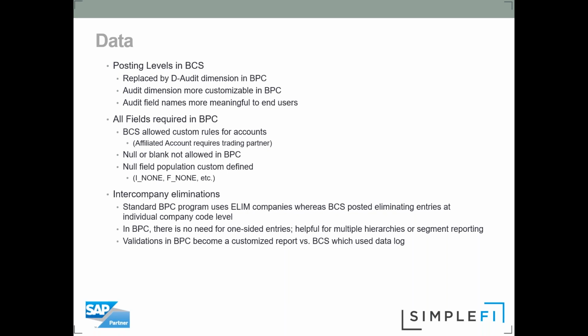So you can create anything that you want. You can have your elim, you can have your allocation, you can have your restatement. So there's a number of different audit trail capabilities, and it's very flexible to be able to create the ones that again are meaningful to your company and to your financials.